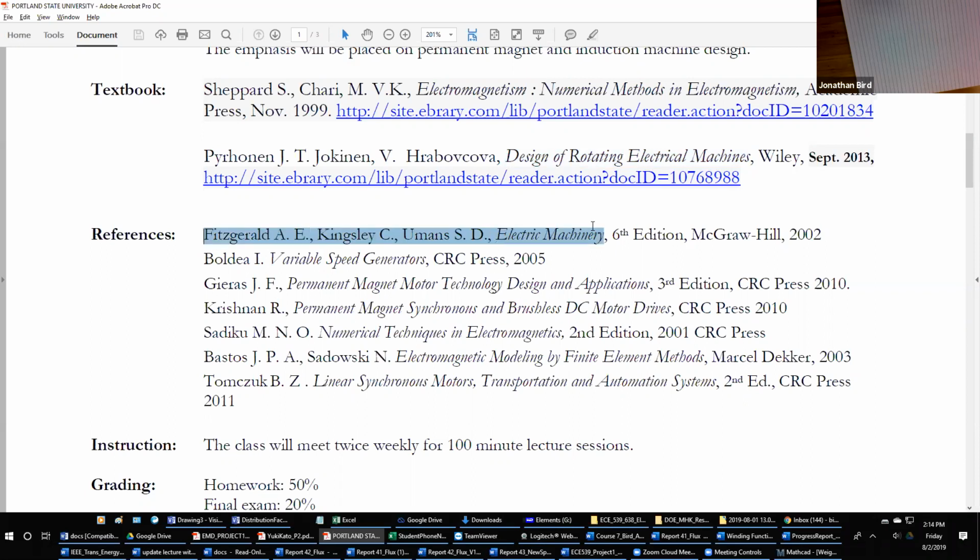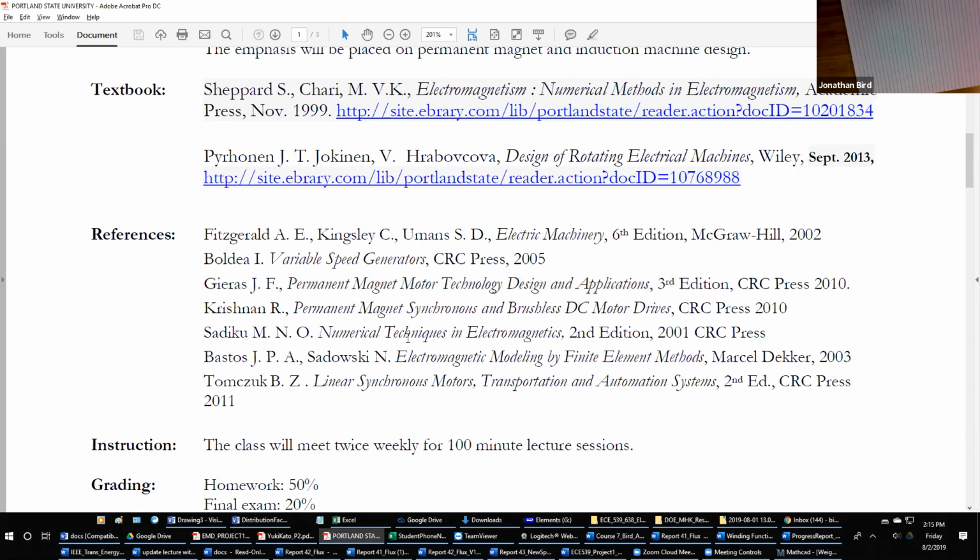This Fitzgerald and Kingsley, this is an older version that talks about electric machines, induction machines, DC machines, synchronous machines. It has a nice introduction to actuators. This one goes into more detail just on the permanent magnet modeling. I think I present permanent magnet modeling in perhaps more detail than some of these other ones, actually, in my opinion.